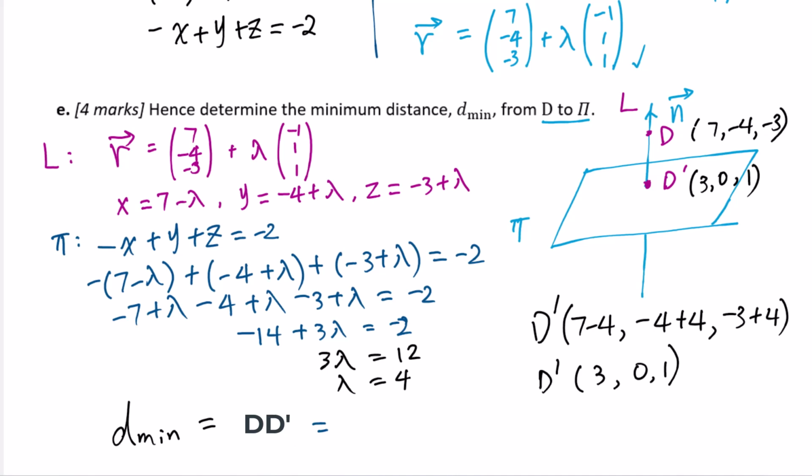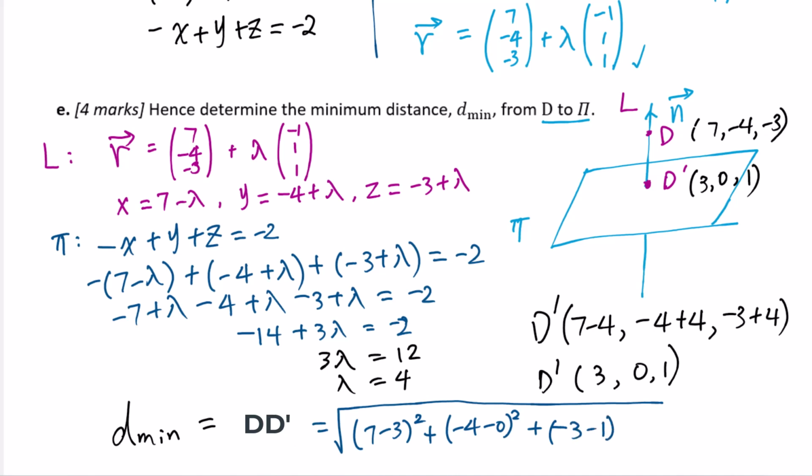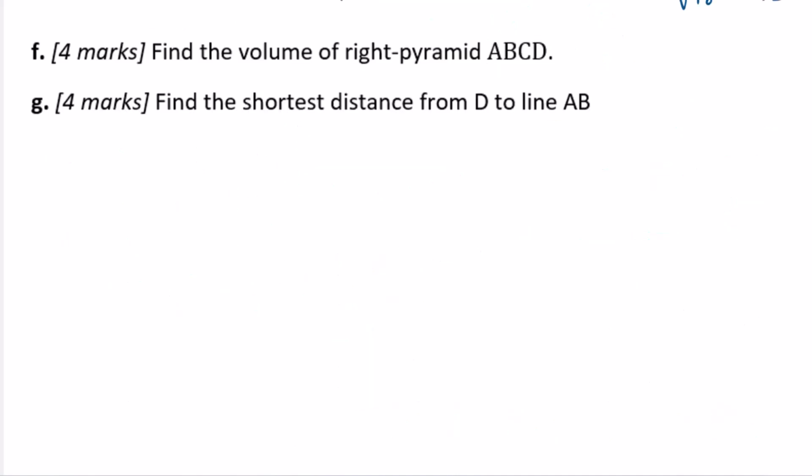So the distance equals square root of (7 minus 3) squared plus (-4 minus 0) squared plus (-3 minus 1) squared, which equals square root of 16 plus 16 plus 16, equals square root of 48, which is 4 square root of 3.